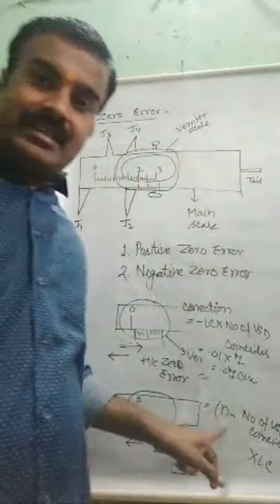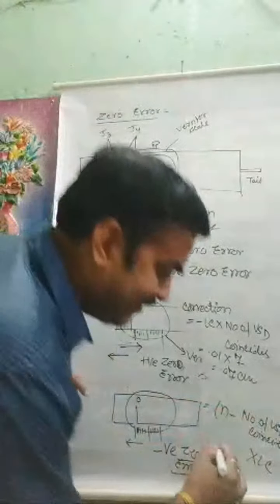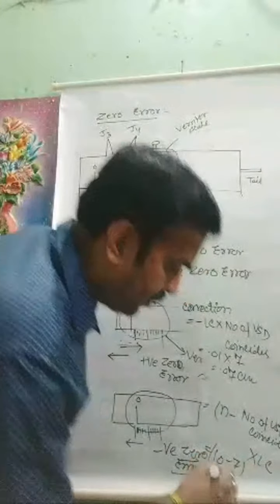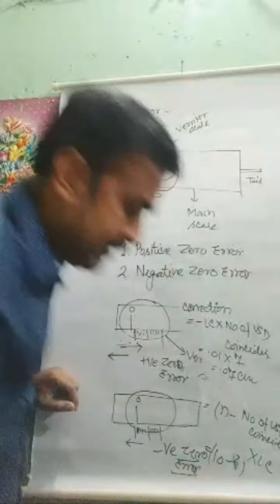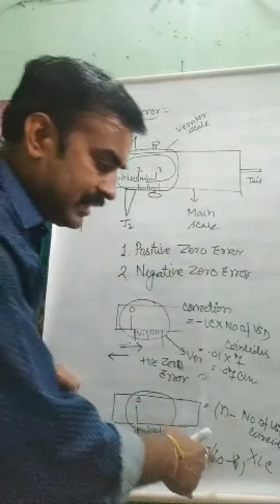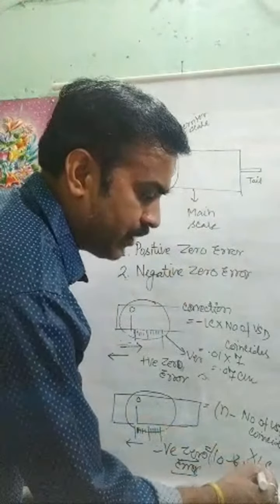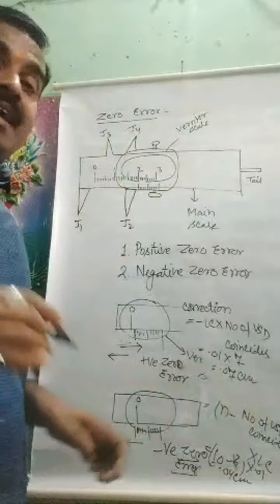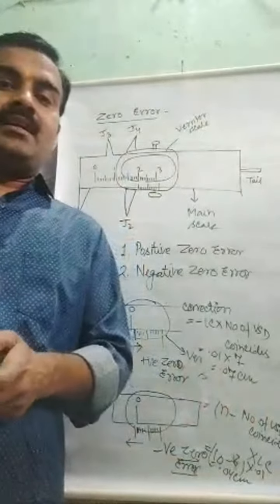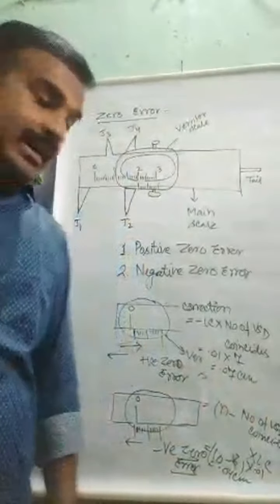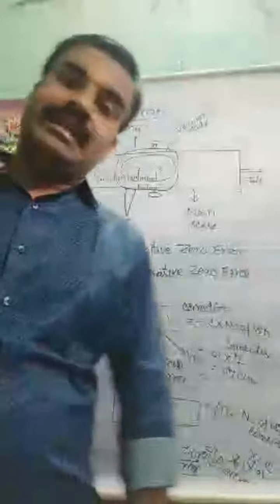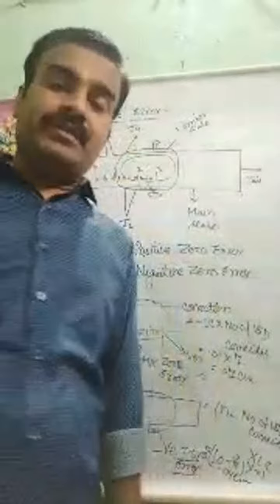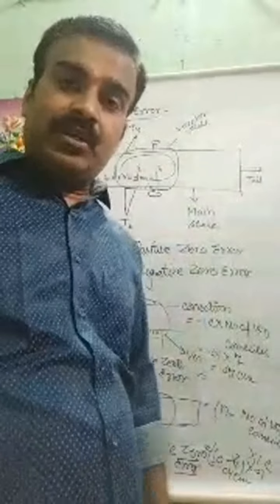Suppose 10 divisions are given and 6 divisions are coinciding, so 10 minus 6 into 0.01 gives 0.04 centimeter. By this way you can calculate the positive zero error and the negative zero error.